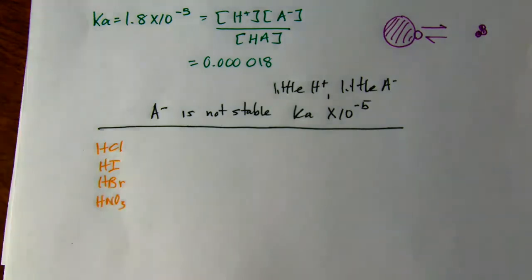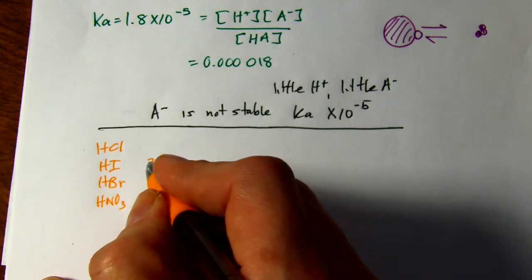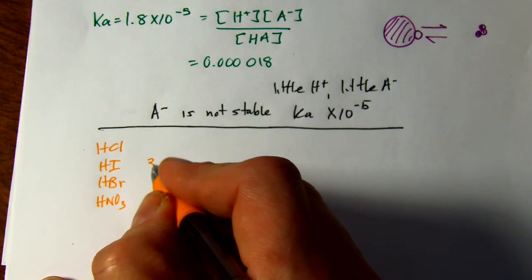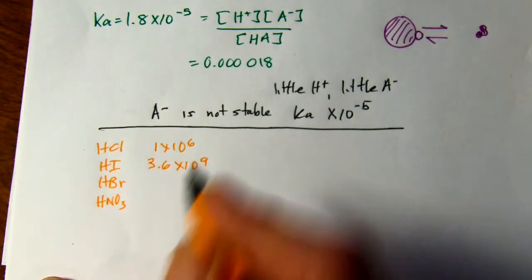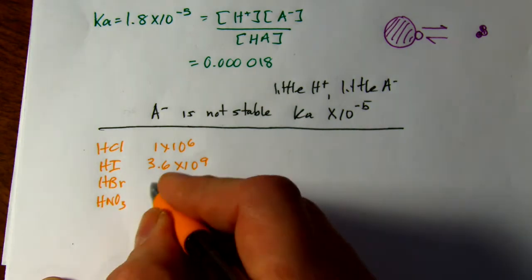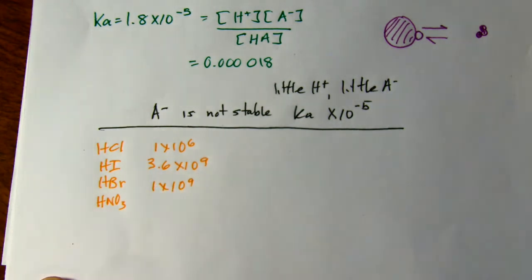For example, with HI, the Ka value is 3.6 times 10 to the 9th, pretty high. HCl is 1 times 10 to the 6th. Okay, and we could talk about the others here, 1 times 10 to the 9 and so on.